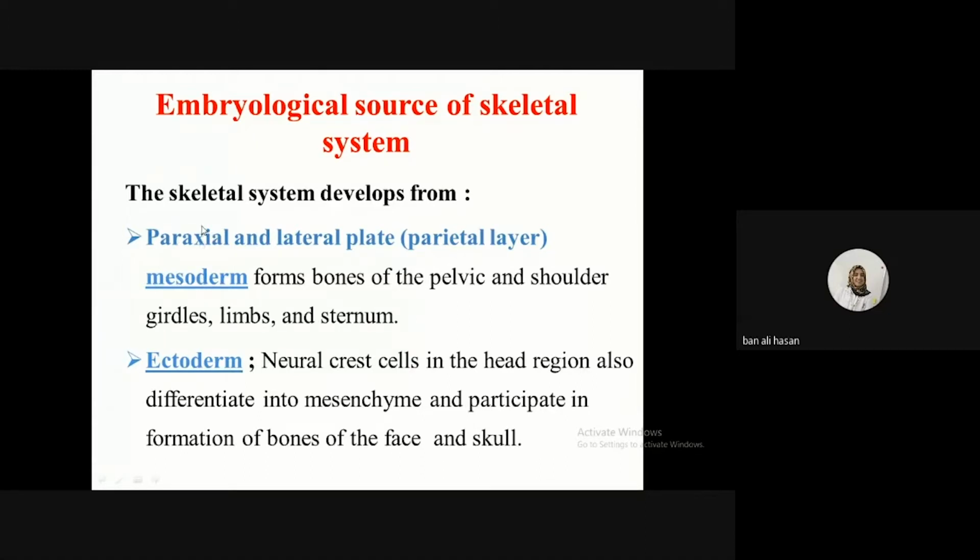Okay, so as you know, we have the axial skeletal system and the appendicular skeleton. So today we will study the axial skeleton, which includes the skull, vertebral column, and ribs, and every part of it.